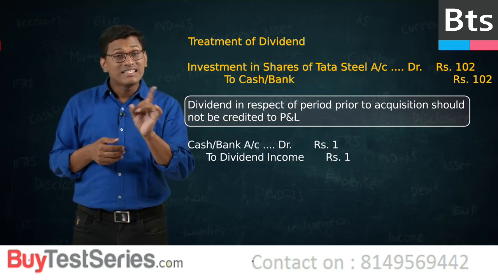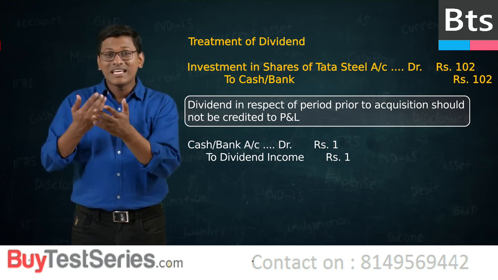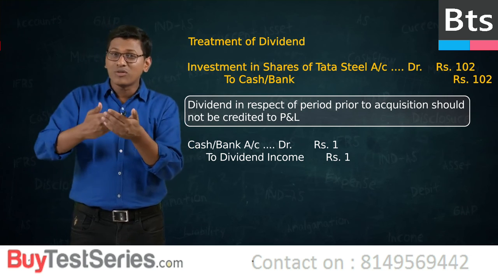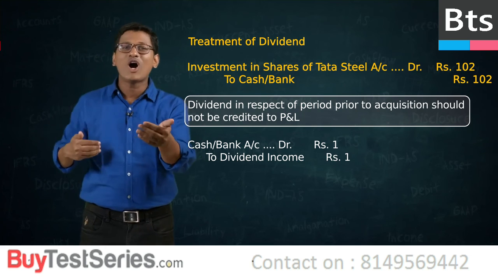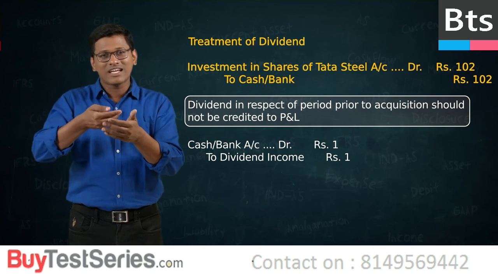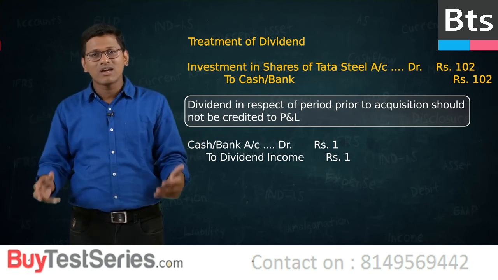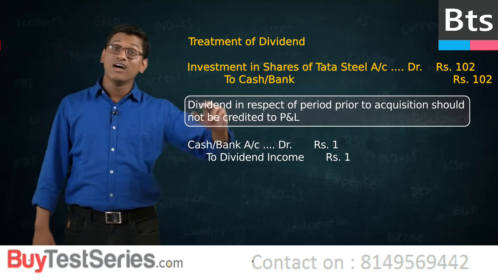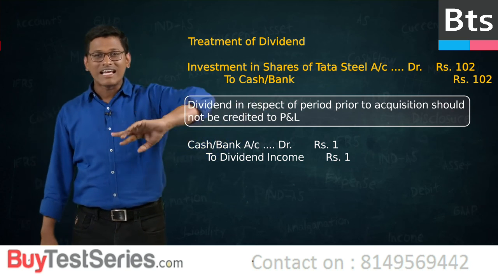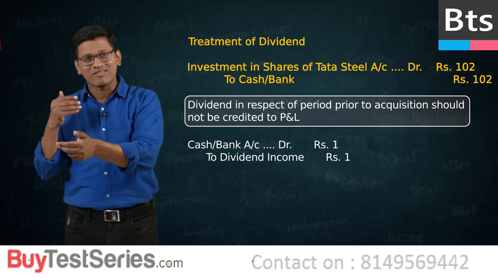But listen, this dividend income is not earned by us. It should be treated more like recovery of capital than return on investment. Out of 102, you recovered 1 rupee, rather than saying, I invested 102 and earned 1 rupee on that. No, it is not return on investment. It is basically recovery of investment.